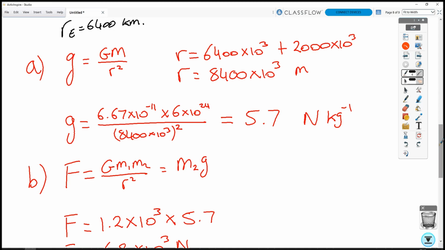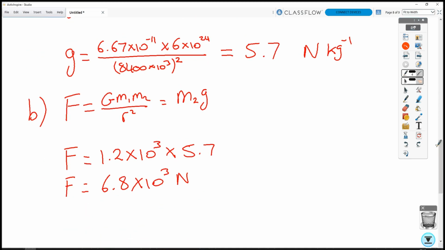So think of that as Gm1 over r squared. This equation is G m1 m2 over r squared, which is already Gm1 over r squared times m2. Gm1 over r squared was little g. So it's m2 little g. So it goes around in a circle and comes back to the same equations that you're familiar with.